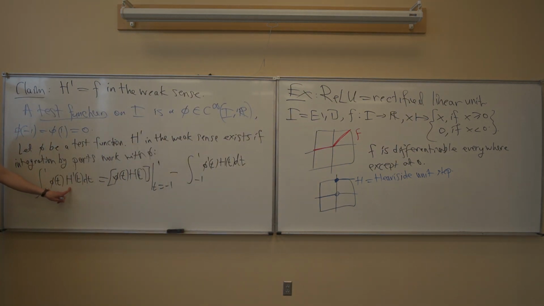Okay, so I don't know what this is, but I'm saying that whatever this is, it has to fit into the integration by parts. The point of doing this is that the right-hand side makes sense, so I can define the left-hand side as the right-hand side.